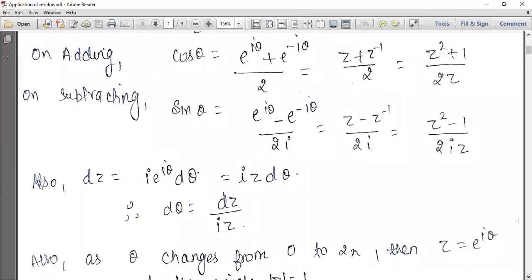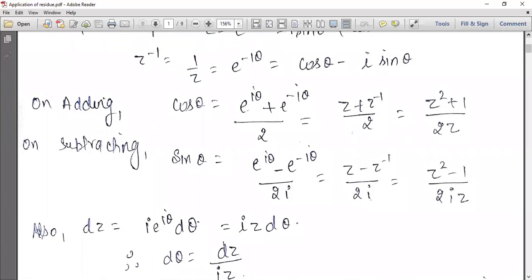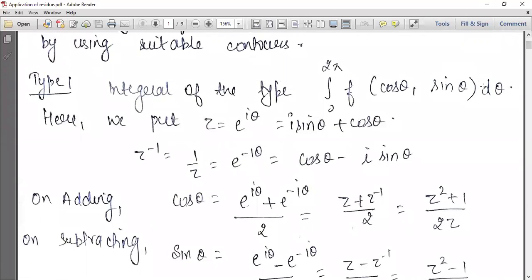And now also see here my limit is from theta, it varies from 0 to 2 pi. Now when I will put this substitution, then my contour of integration will be a circle of radius 1 unit and center 0. You can see from here, if I put theta equal to 0, then this term will be cos 0 is 1.